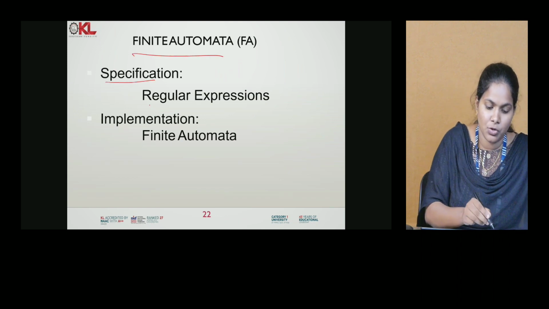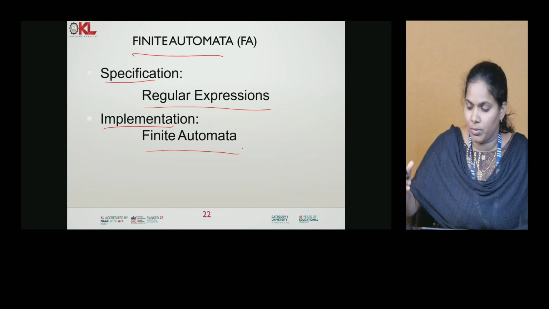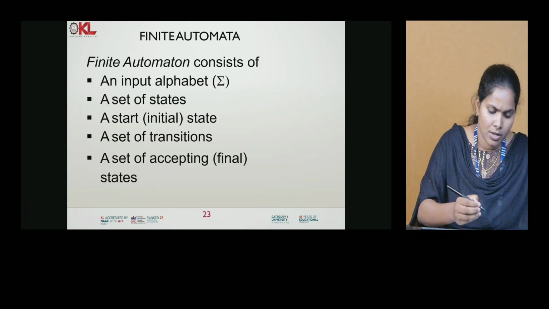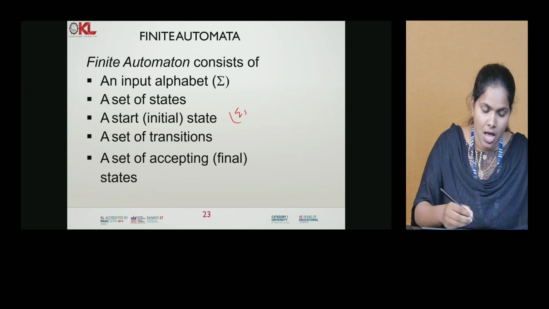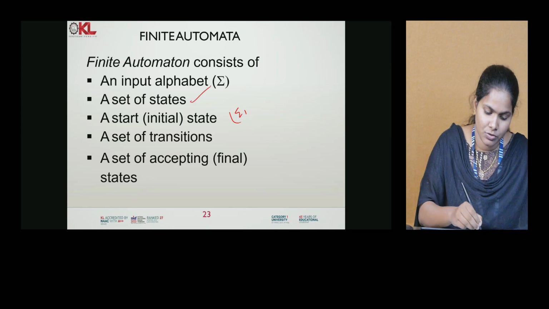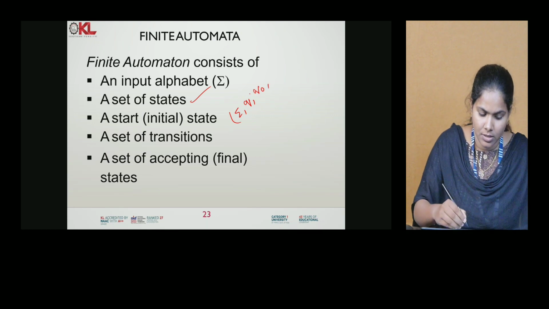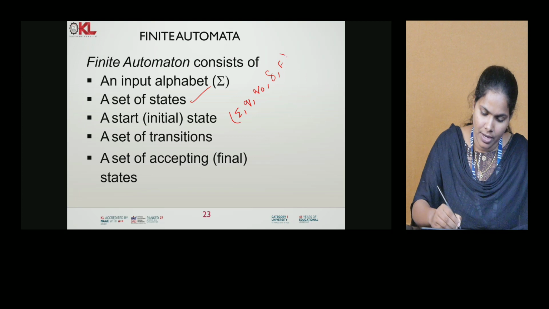For the specification you use the regular expression, and for the implementation you use the finite automaton. The finite automaton includes 5 components: one is sigma, the input alphabet; second is the set of states; third is a starting state; then transitions; and the last one is the final states.